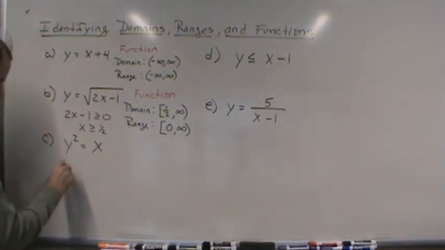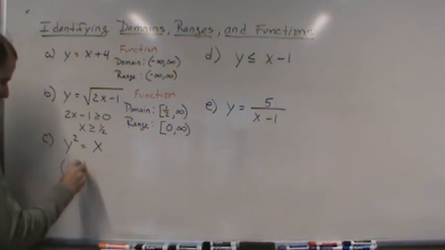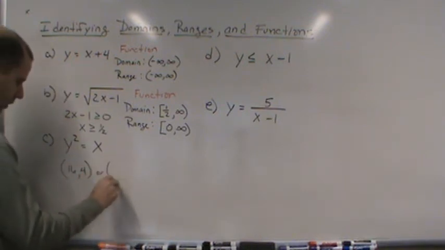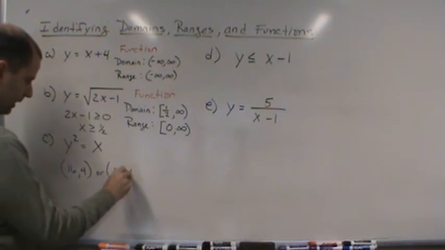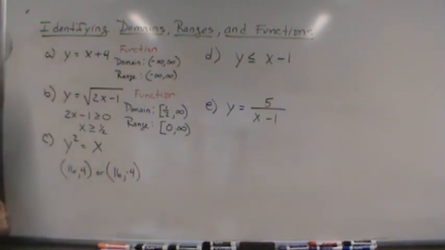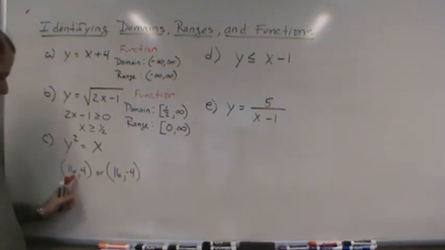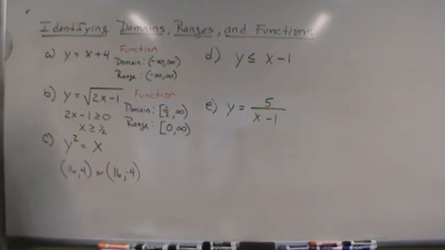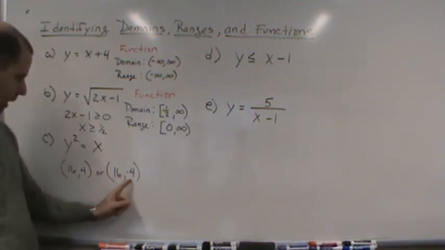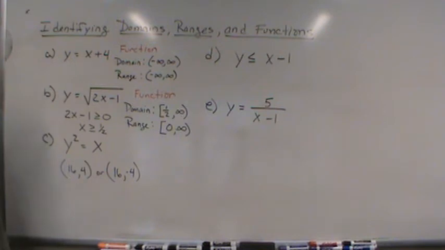So I can have 16 comma 4 or 16 comma -4. In this case, I've got one x value, but two y values that correspond to the same x value. So this is not a function.